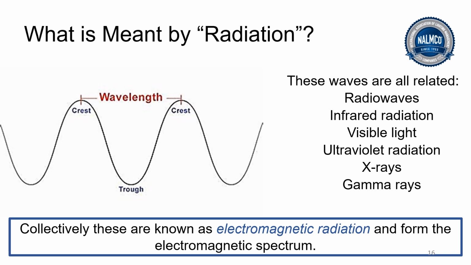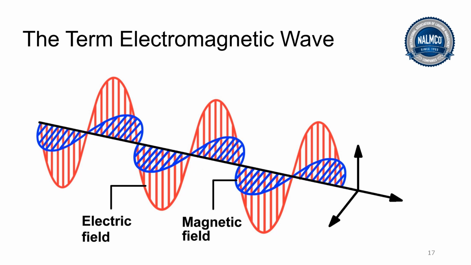We see also in this figure the definition of wavelength, which is the distance from crest to crest in a wave. And the term electromagnetic radiation comes about because radiant energy is characterized by both an oscillating electric field and an oscillating magnetic field. The magnetic field oscillates in one plane, the electric field in another, as illustrated in the slide.